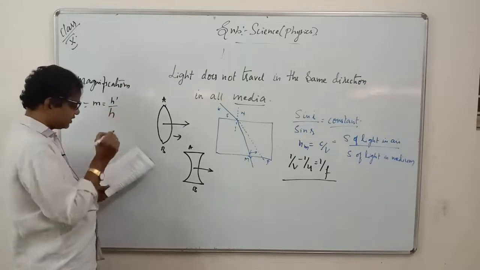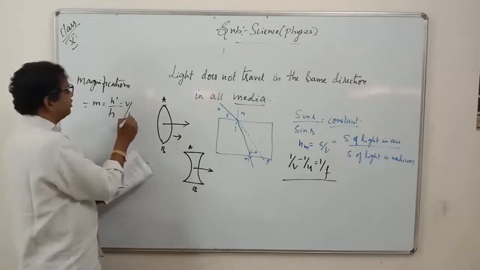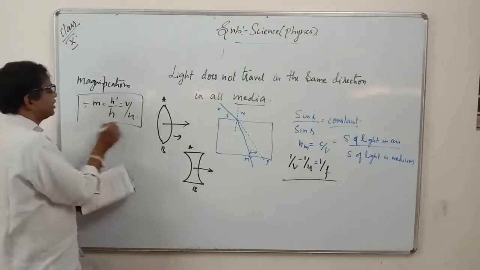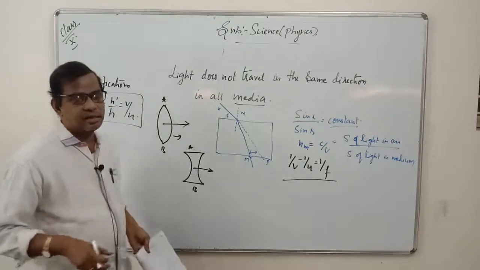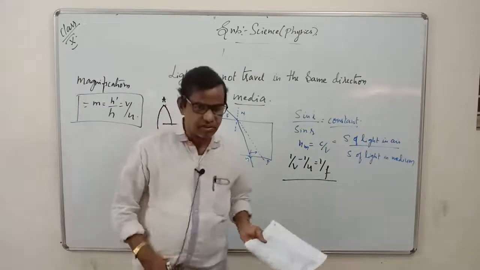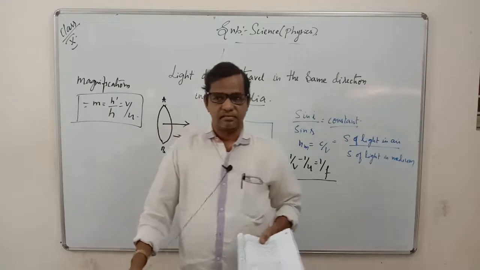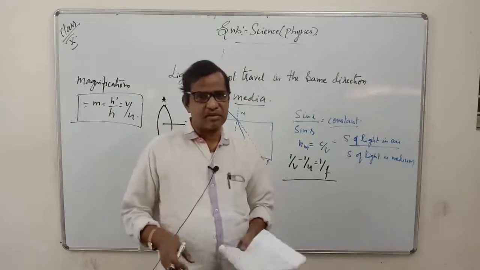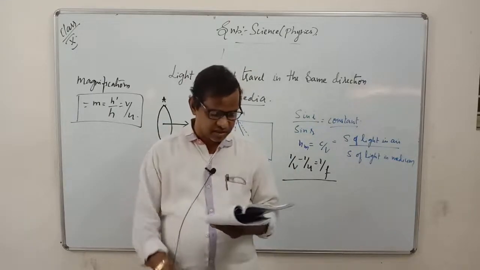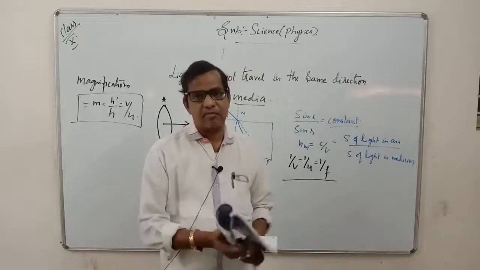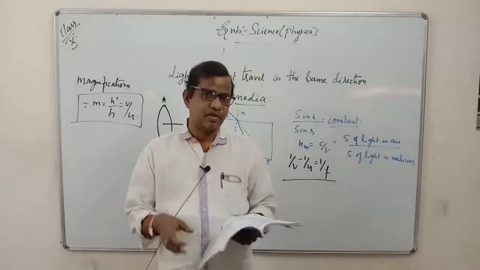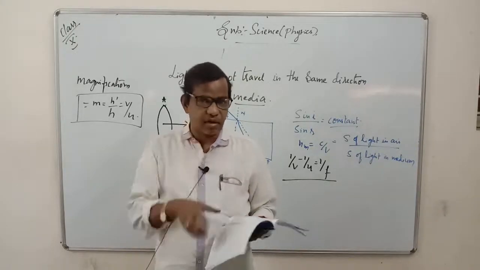We have already discussed this one. So this is the magnification of the lens: how much the image is magnified. Generally we use this in telescopes, simple microscopes or compound microscopes, where magnification of images is done. He has given some problems related to this one. This I will explain in the classes so that it will be easy for you.